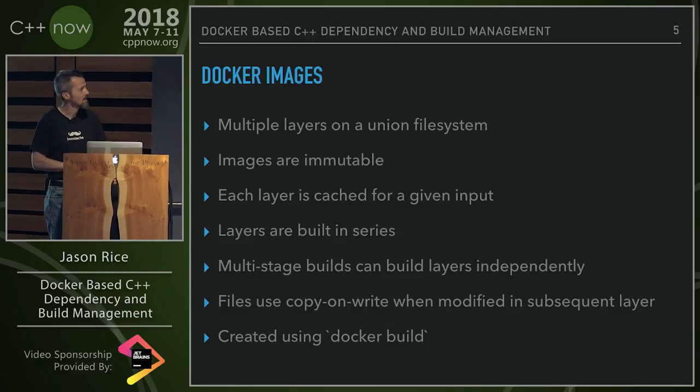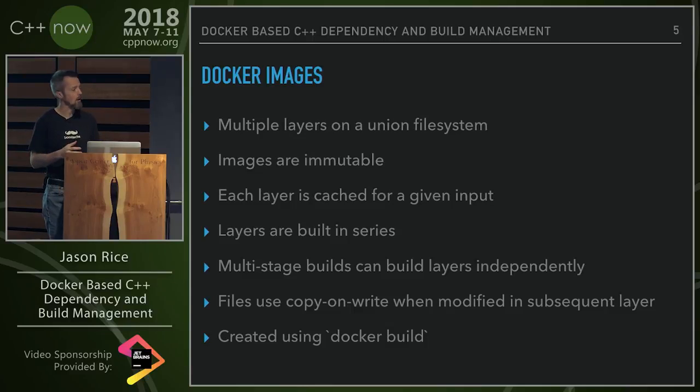Docker images. So an image is basically just a file system. It has multiple layers on a union file system, and each layer is actually immutable. For a given input, it'll have the same output, or it assumes that it'll always have the same output.